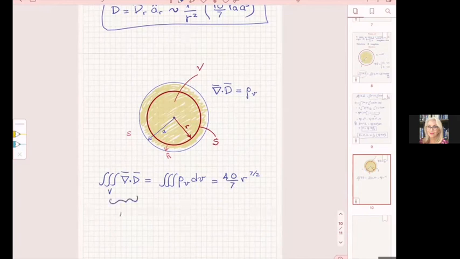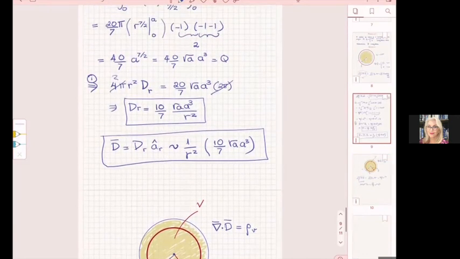This one here is going to be 4 pi R squared, d sub R, and it's going to be 40 over 7 R to the cube square root of R. So practically this one and this one is going to go. This one and this one makes 10.